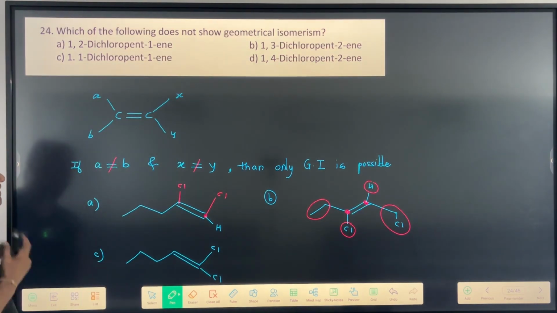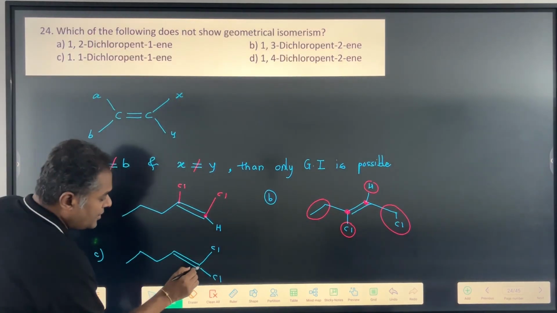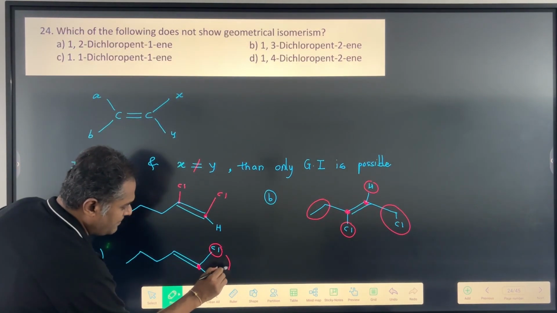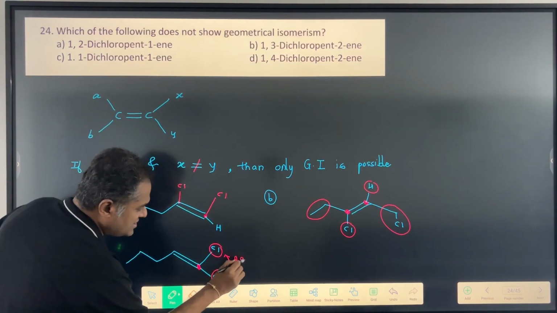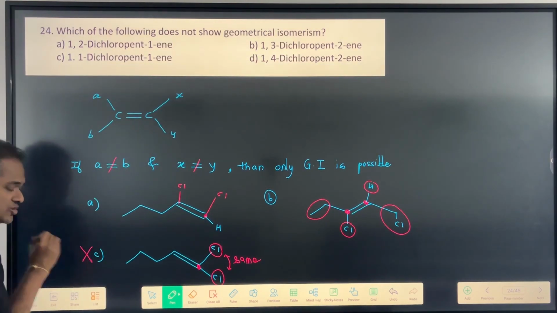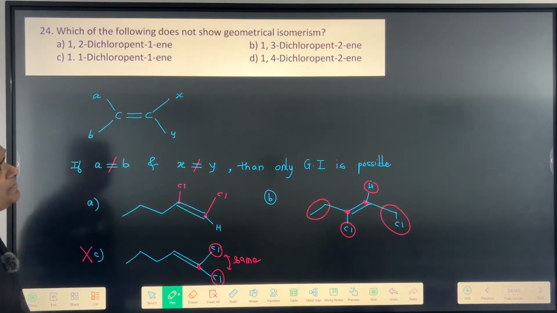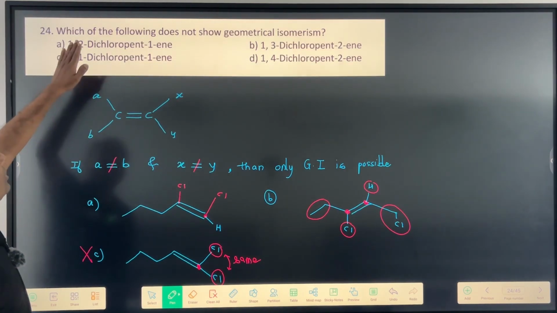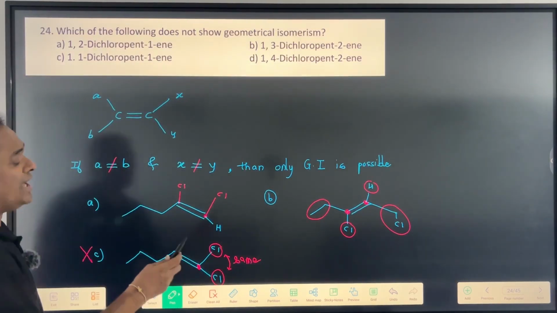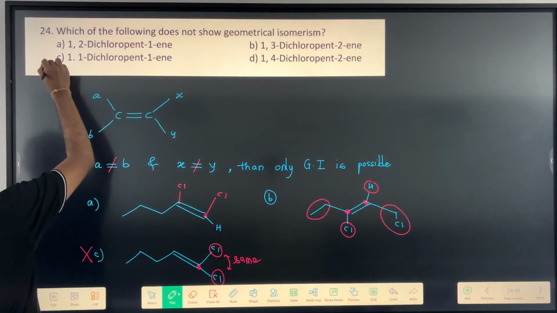Now if you check, child, in this example, on the doubly bonded carbon, both the groups are same, and if they are same, this compound will not show geometrical isomerism. And as per the question, which of the following does not show geometrical isomerism, the correct answer for this is nothing but C.